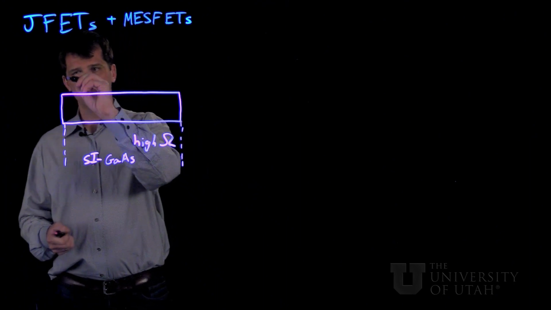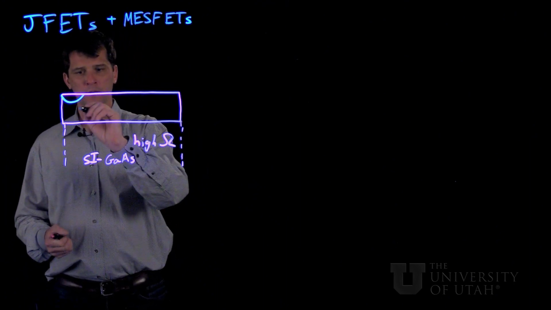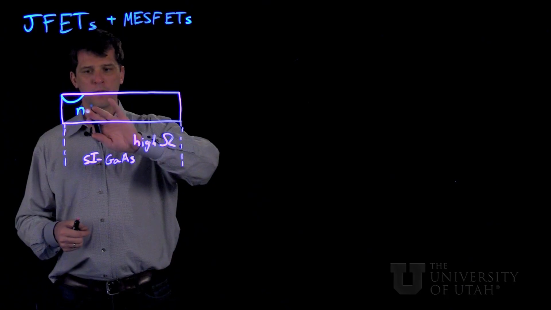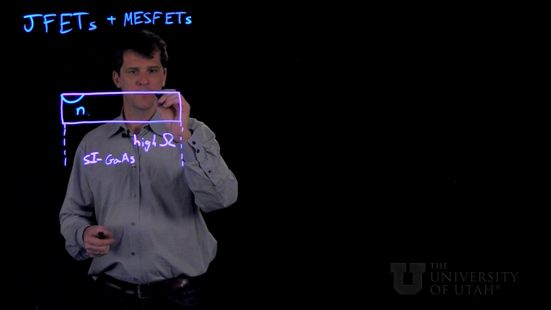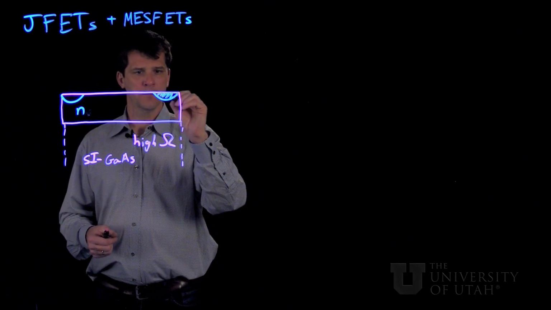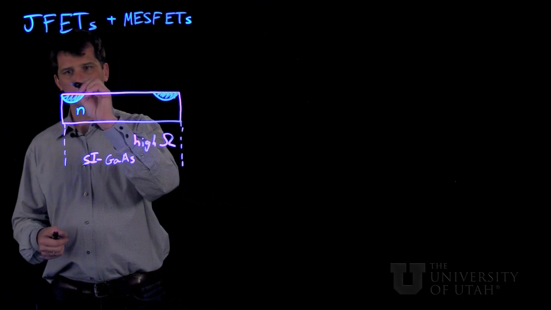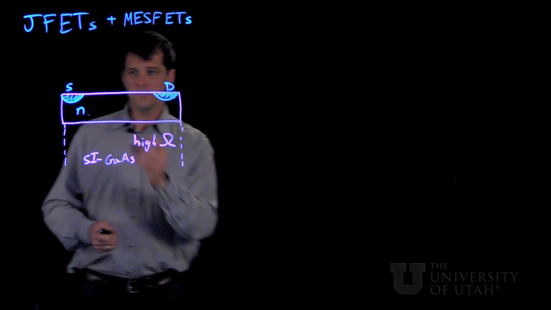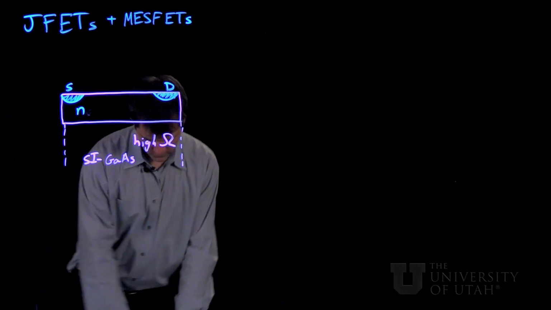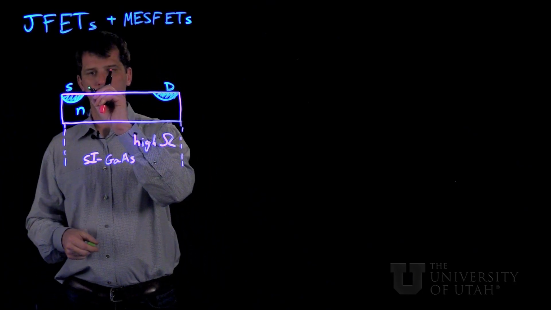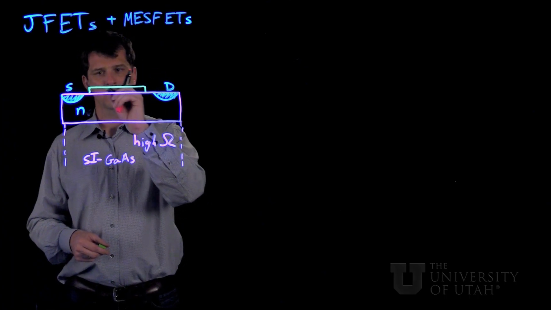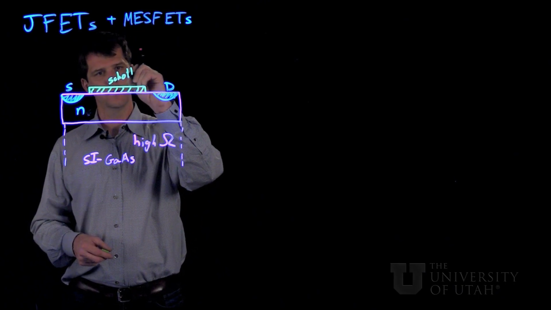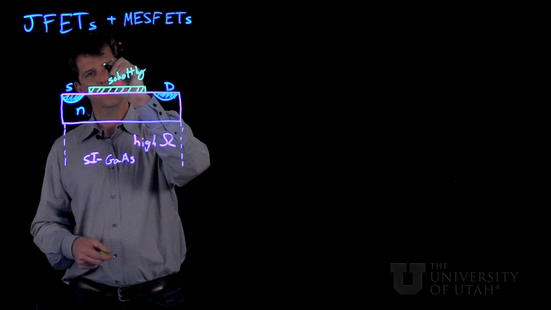So what's done is an N-type channel or epi layer is added on top of the semi-insulating substrate, and then two ohmic contacts are made as source and drain. And then in the middle, a Schottky gate is added.